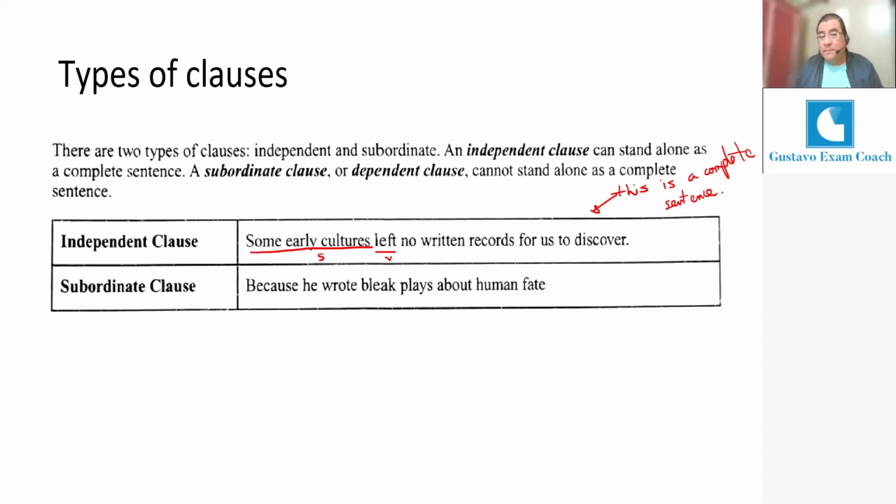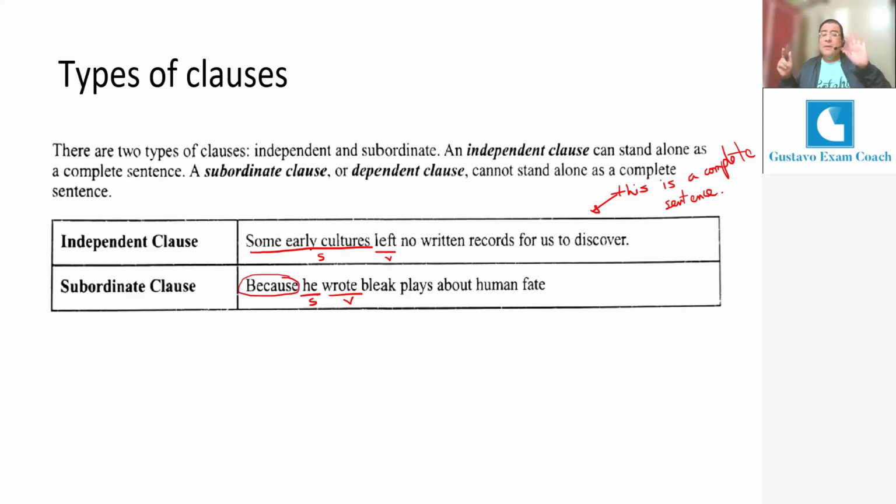If I say, for example, "because he wrote bleak plays about human fate." We can tell easily why this is a clause. In the first place, we have the subject "he" and the conjugated verb "wrote." He wrote. Yes, this is a clause indeed, this group of words. But there is something here that prevents this clause from being a complete sentence, and that is the sole presence of this word prior to "he": the word "because."